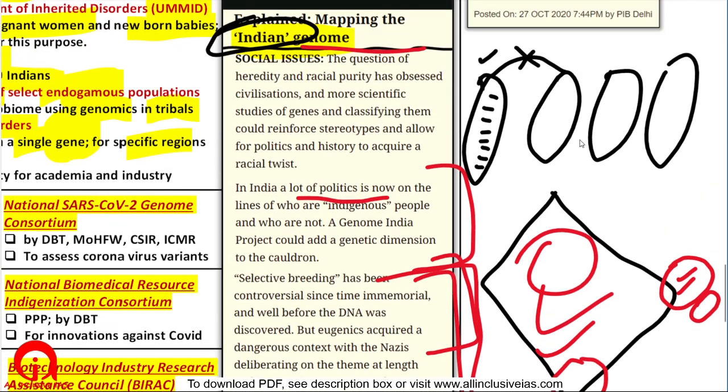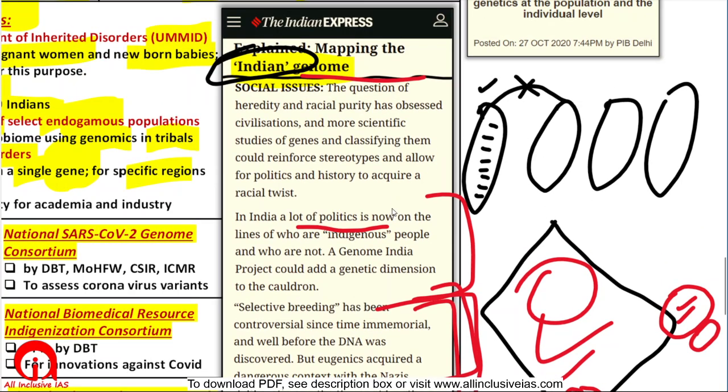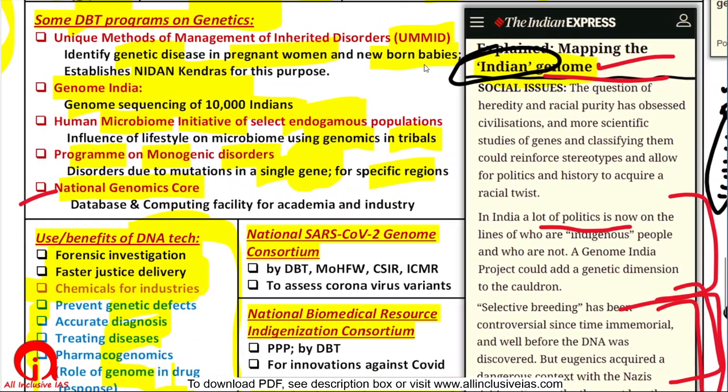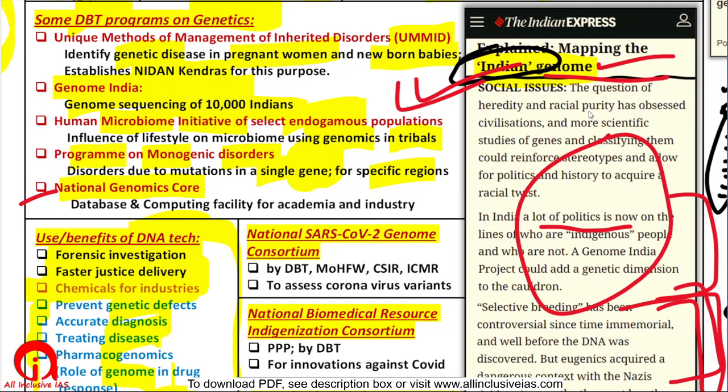So DNA will also become a political issue when we run such programs. It is a negative effect, you can say. This program has many benefits, but some people use good things also to get their target.